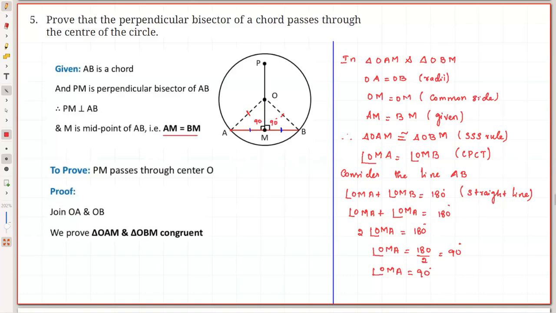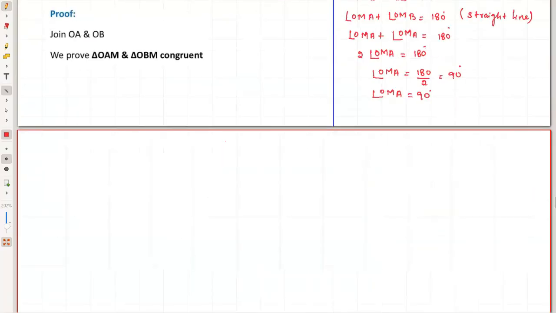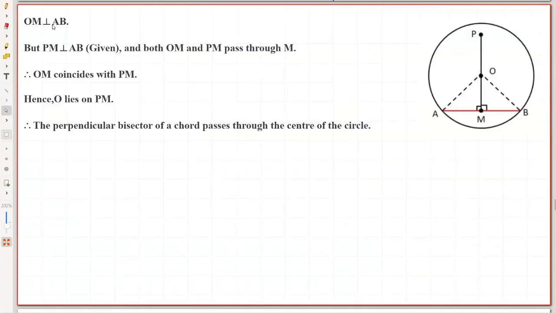Now we have to prove that OM is passing through the center O. If OM is passing through the center O, so BM also will be passing through the center O. Right. Now here OM is perpendicular to AB. We have proven OM is perpendicular to AB, both are 90 degrees.